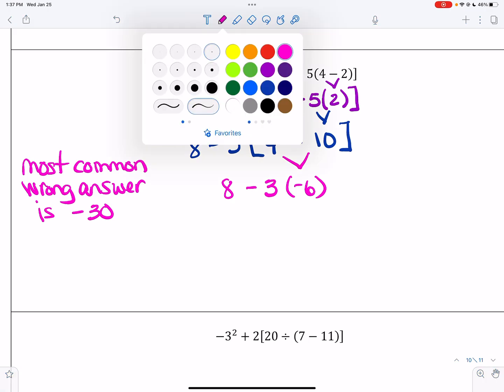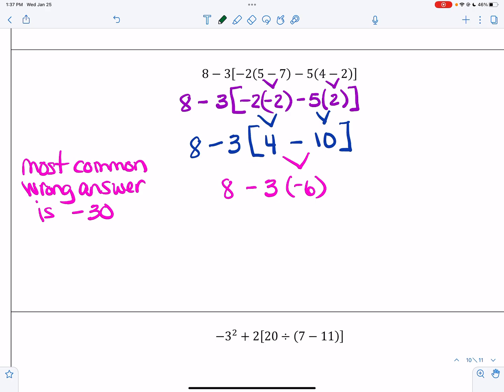But you have to remember that multiplication comes before addition or subtraction. So I'm going to take this negative, because that is a negative. And so one way to help me is to go ahead and make that a negative 3 times a negative 6 is a positive 18, and then I add 8 to it, and I get my final answer of 26. Okay?